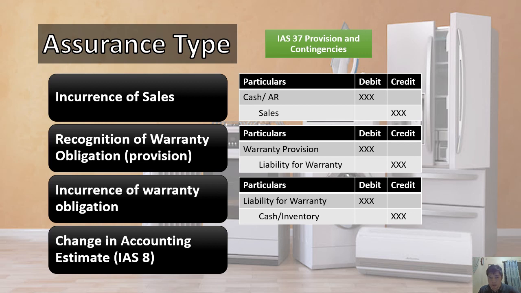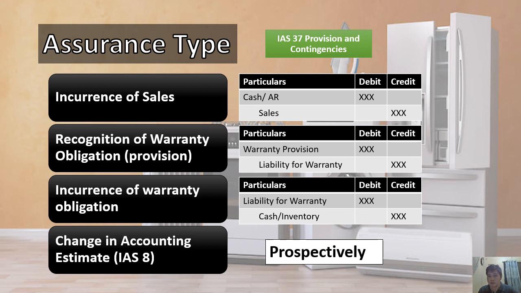Change in accounting estimate, as I mentioned earlier, we have to follow IAS 8. According to IAS 8, if the resolution is a change in accounting estimate, of course, the rule should be applied prospectively. If we say prospectively, if the accounting estimate change happened during the second year, we are not required to record a change in retained earnings, but rather apply it prospectively.